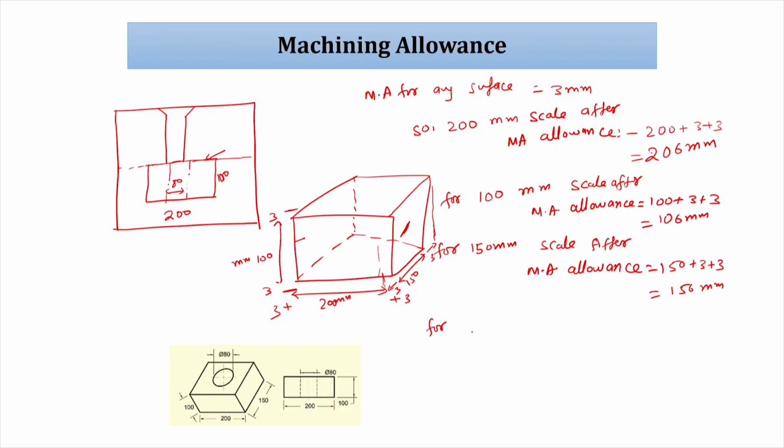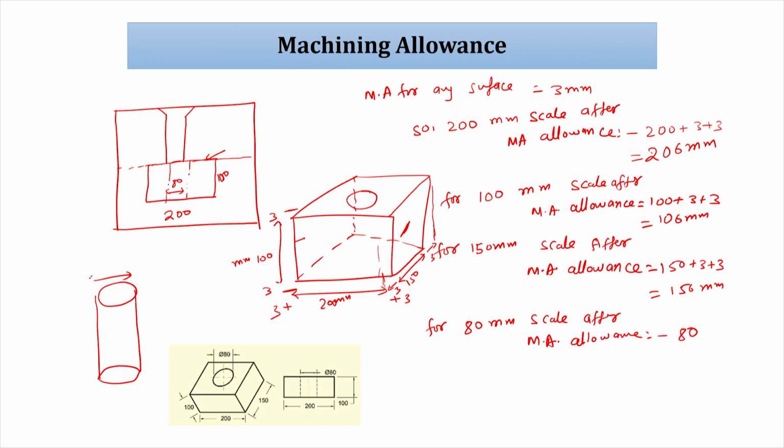For 80 mm scale after machining allowance. Again, what is happening with this? This is 80. Now, we will do boring. Okay. So, what will happen?